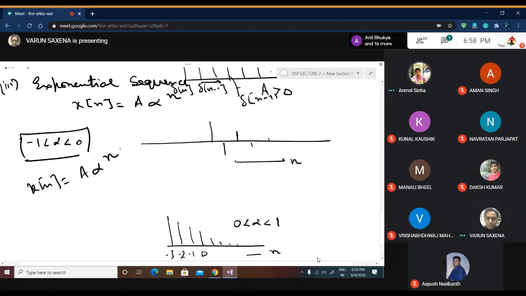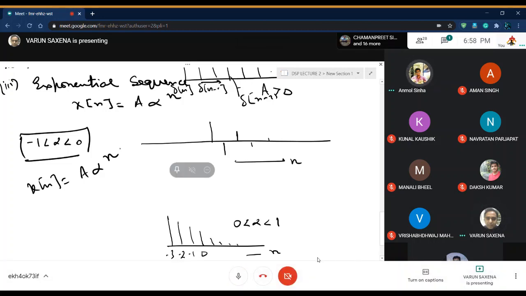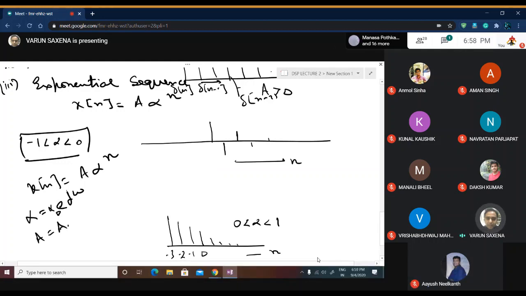You can put alpha equal to e to the power some j into omega. If you do that, you are going to get this. And a can also be a constant over here, and even a in the most general sense could be e to the power j phi.